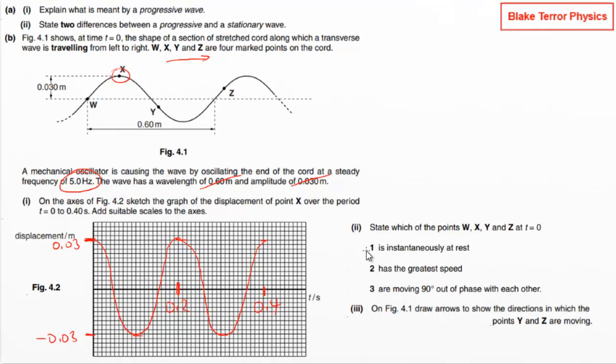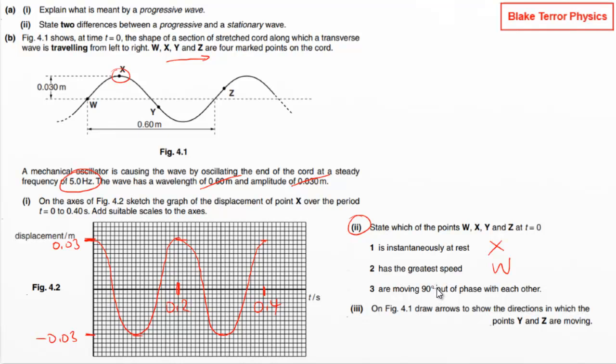State which of the points W, X, Y and Z at t equals 0 is instantaneously at rest. Right, so we want something which is at amplitude, so X is at rest. Which has the greatest speed? We want something at the equilibrium point because that's where it goes fastest, so that'd be W. Which are 90 degrees out of phase with each other?